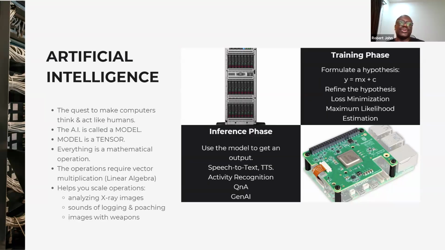Same thing with sounds of logging and poaching, right? Let's say you have a game reserve and you have to combat logging and poaching. Without artificial intelligence, you have to station rangers everywhere. There's clearly a limit to how many rangers you can station, but rangers, again, are human, so they need to work on shifts.